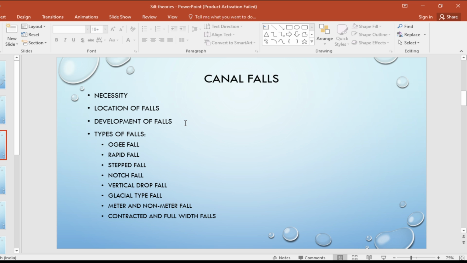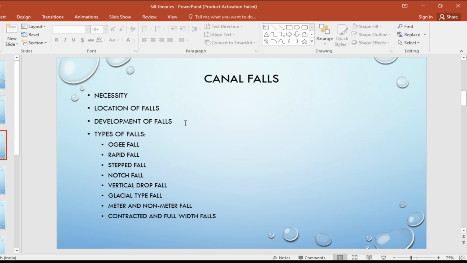Now, when flood discharge passes over the spillway crest, it has a high potential energy. Okay. Now, that high potential energy will get converted into kinetic energy as it glides over it. Now, this high energy has to be dissipated. Otherwise, what happens? It will erode the downstream of toe.